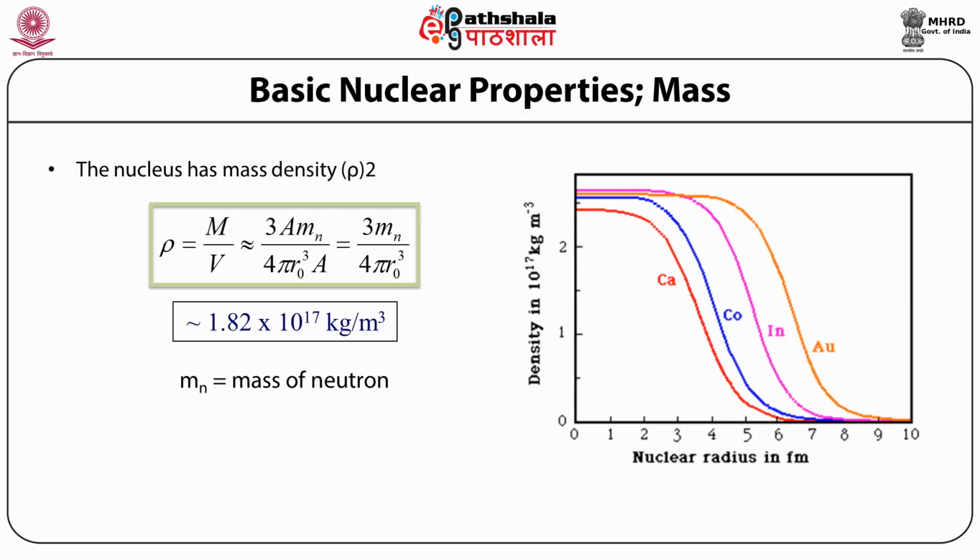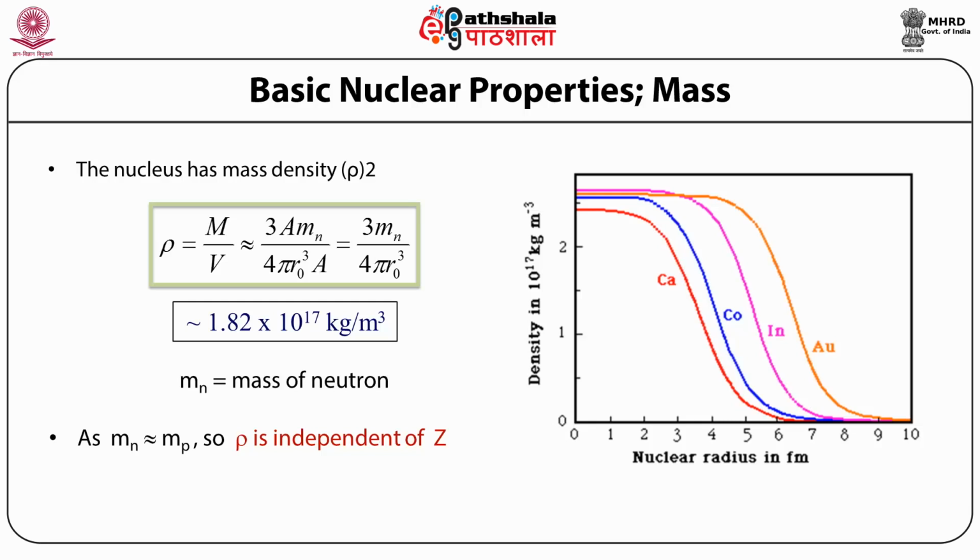Like the charge density, the mass density is also constant inside the nucleus. So rho is independent of Z. Like charge density, the mass density of the nucleus is also constant and is independent of A as well as Z. This fact has been observed experimentally also, and in the right hand side picture you can see the mass density plotted as a function of distance from the center of the nucleus for various nuclei like calcium, cobalt, indium and gold.